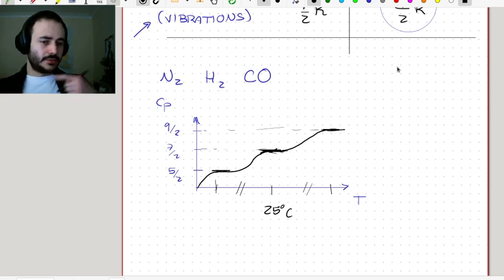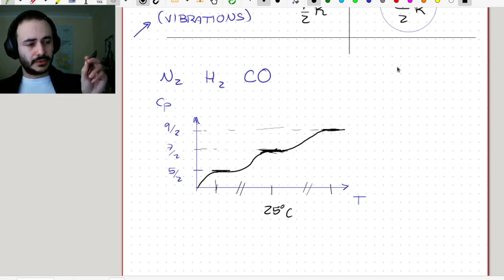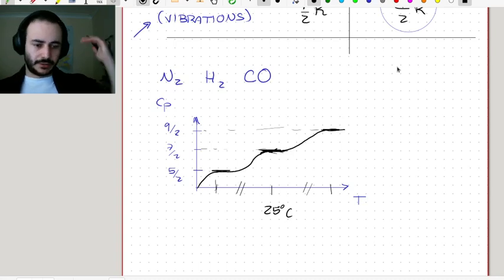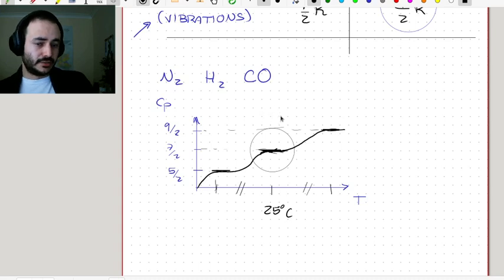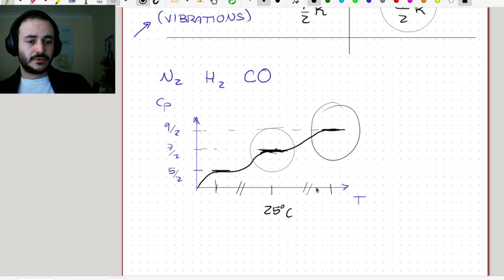But if you would like to make the molecule vibrate, you look at the energy scale of these degrees of freedom. The frequency of those degrees of freedom is much higher. So you would need a lot more thermal energy to activate those degrees of freedom. In this regime, you can think of the molecule really as a rigid rotor. It's not going to vibrate much. If you want to make it vibrate, you have to supply a lot more thermal energy. So you have to heat up the system a lot.